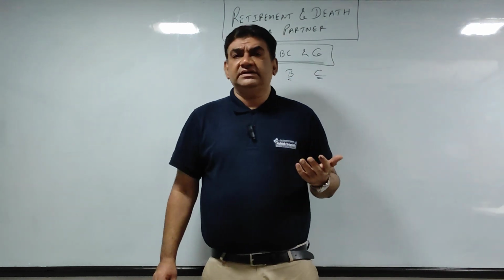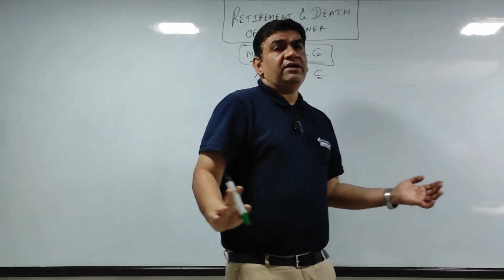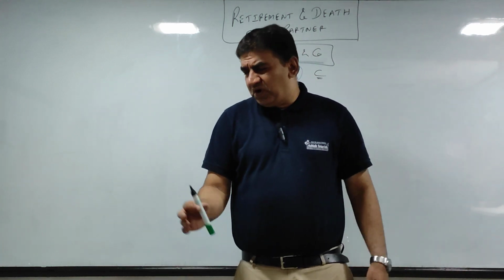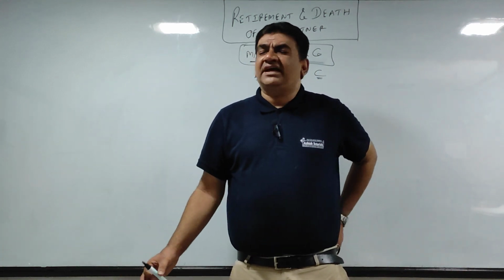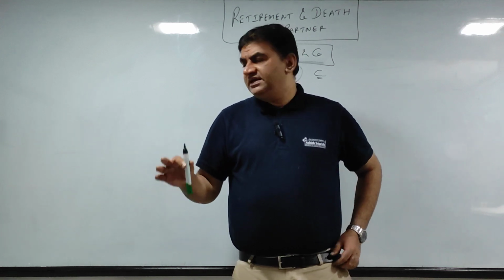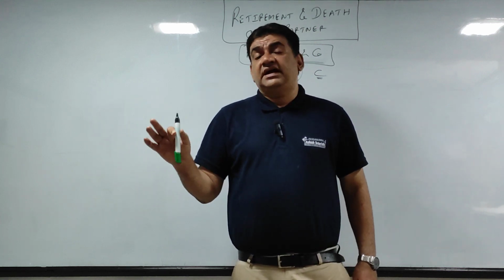Out of the three partners, say for example B says, brother, I have grown old, I am tired, I've done enough of business, or there are personal reasons, I have to take care of my health issues, my family member is serious, I cannot give time in business, so I will exit, I retire.